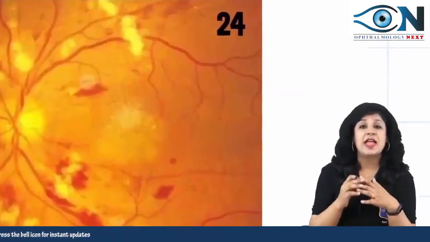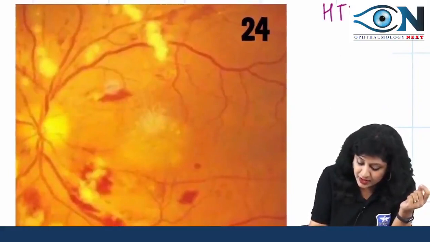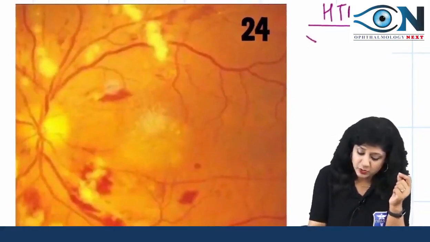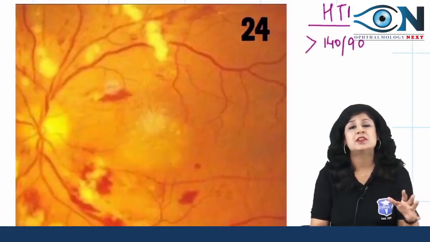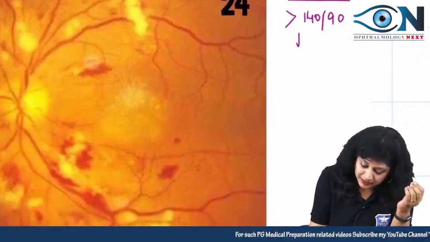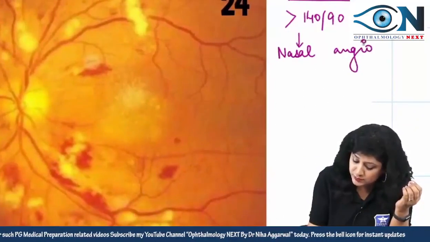So what actually happens in a case of hypertensive retinopathy? If a person whose BP is more than 140/90 for many years will start showing the changes of hypertensive retinopathy, and the first change will be nasal angiospasm.